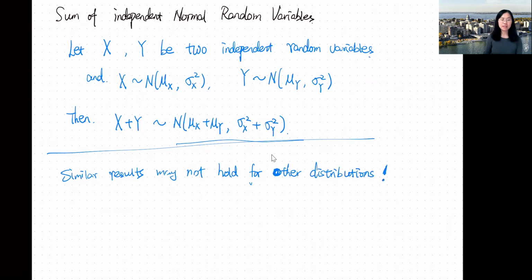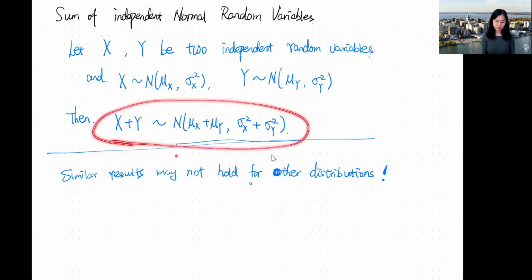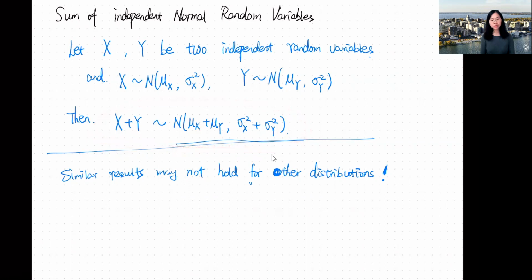Section 6 of the book gives an example where you add up two independent uniform random variables. You do not get another uniform random variable. So this property is kind of special for normal random variables. And that can be useful for our future calculations. And that's it for normal random variables.